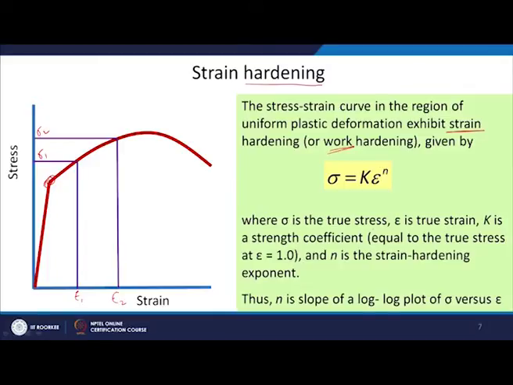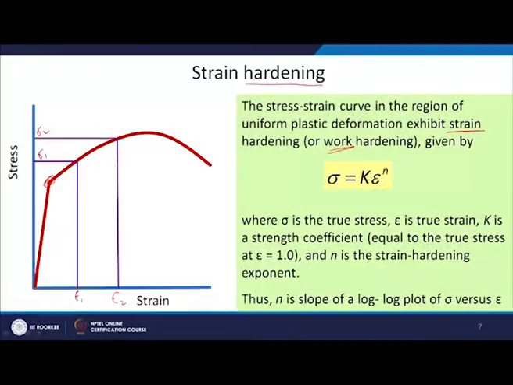Sigma is true stress. Of course, we will do all the analysis using true stress. Right now what we have drawn is engineering stress strain, but we will do all the analysis using the true stress curves. It will be something like this. So, we will do all the analysis using true stress and true strain.